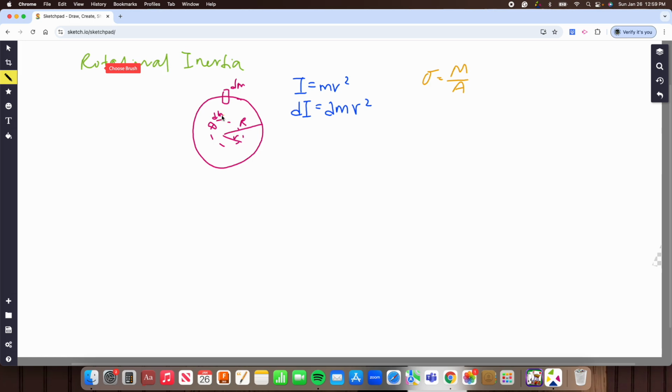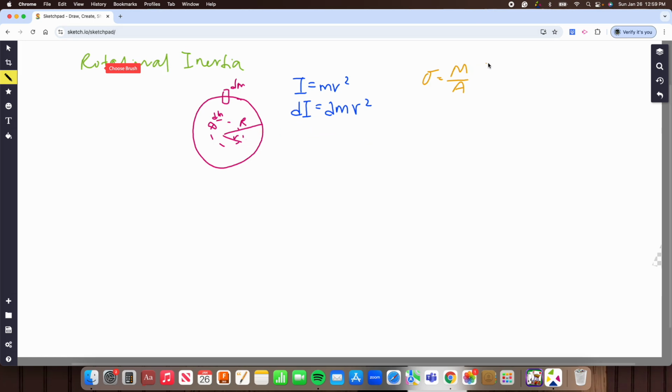So the density of this ring, versus the density of this outer ring, versus the density of this entire disk, is all going to be the same. So we want to find the density of this entire disk, and then make that equal to the density of our small ring, and see if that helps.